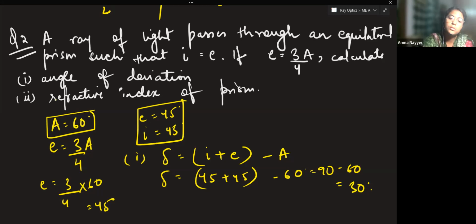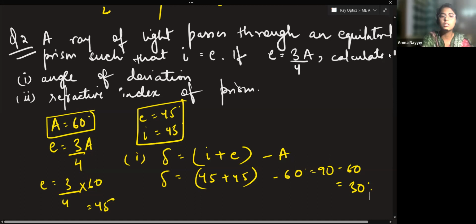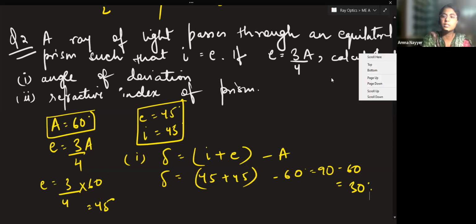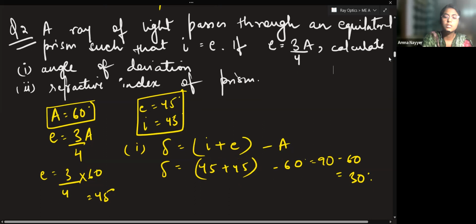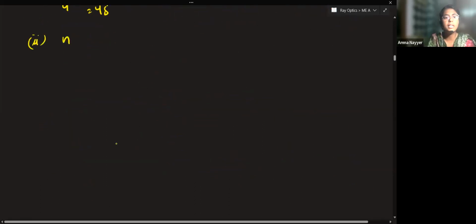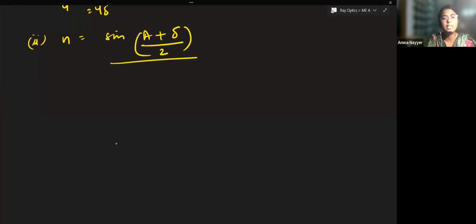Now using this, we'll calculate the minimum angle of deviation, and then we'll use it for the refractive index. So n is equal to what? For the second part, n is equal to sine of (A plus delta) by 2, here this is delta minimum, divided by sine of A by 2. The rest of the things were given to us.